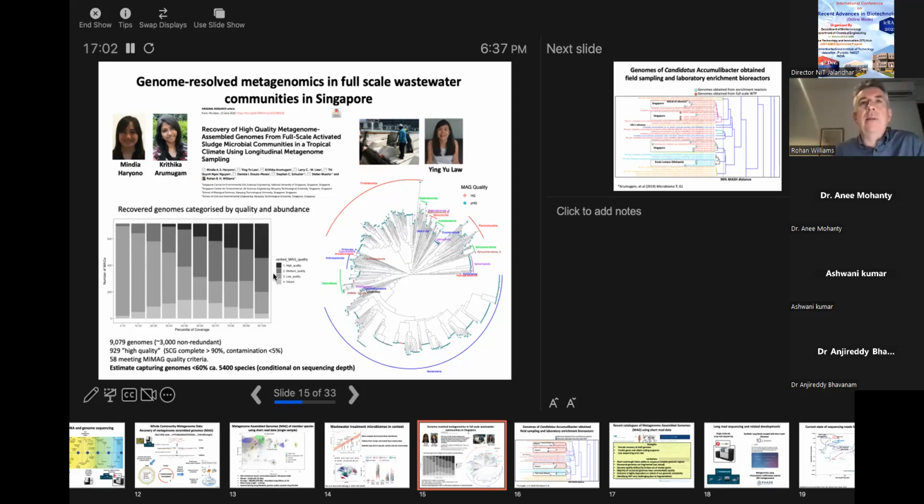And we can see that the high quality ones tail off very quickly as you get less and less abundant in the community. For a given sequencing depth, it's very difficult to capture these genomes. And that just reflects the overall complexity of the community. It's a very, very complex system to try and analyze.